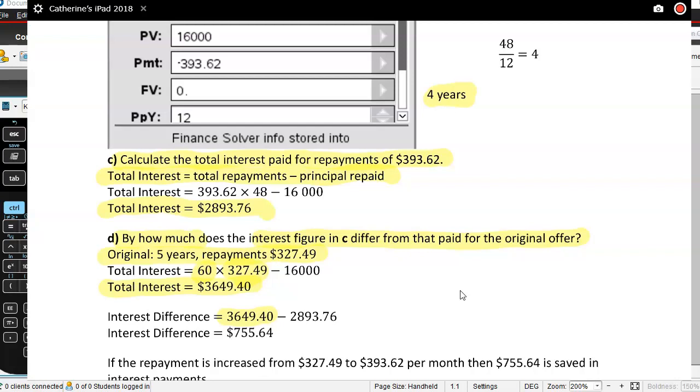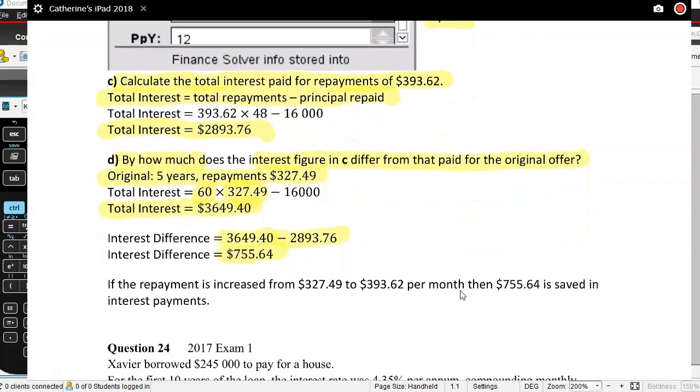If we paid a bit more, you can see we're paying less interest, aren't we? So we are saving $755.64. When we borrow money, when we have a loan, we want to save interest. We want to have the least amount of interest possible because it saves us money. So if the repayment is increased, then $755.64 is saved in interest payments.